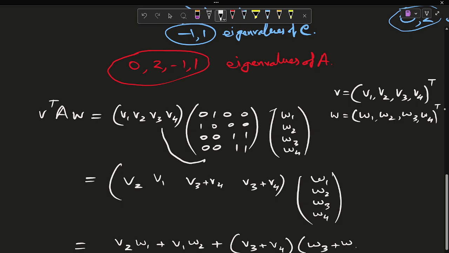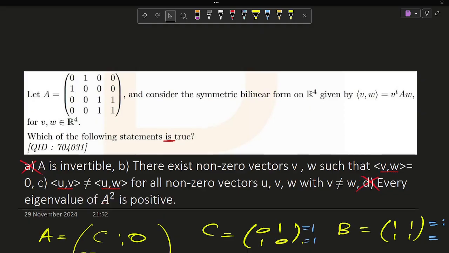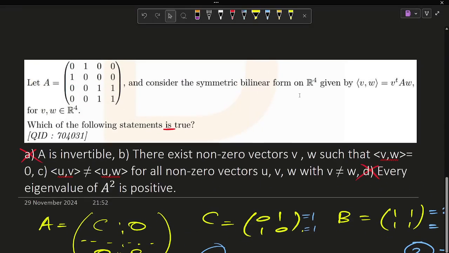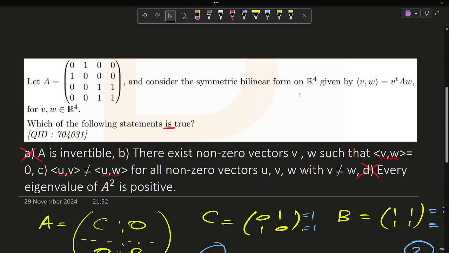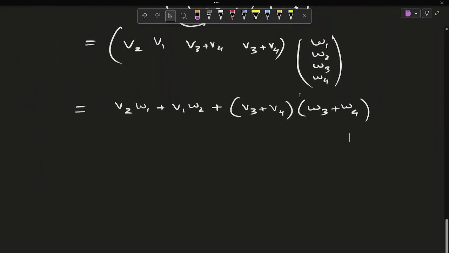Now we can get another thing from that. They told us that the inner product of V and W should be 0, and there exist non-zero vectors. So we have to find non-zero vectors V and W such that the inner product is 0.